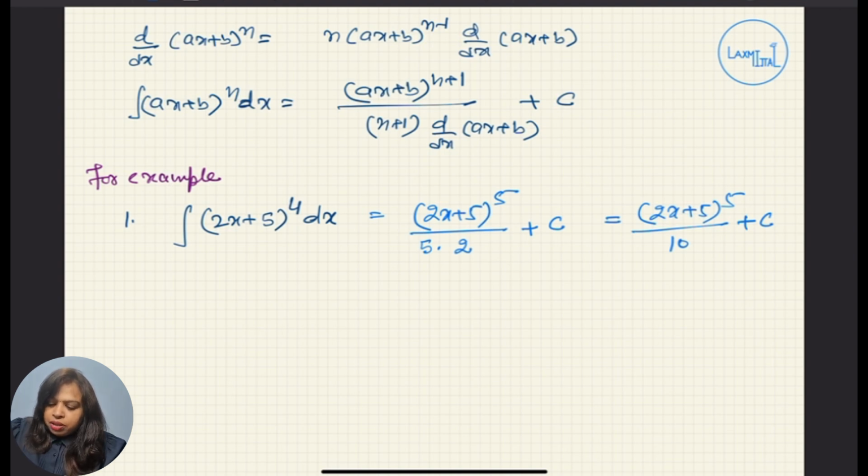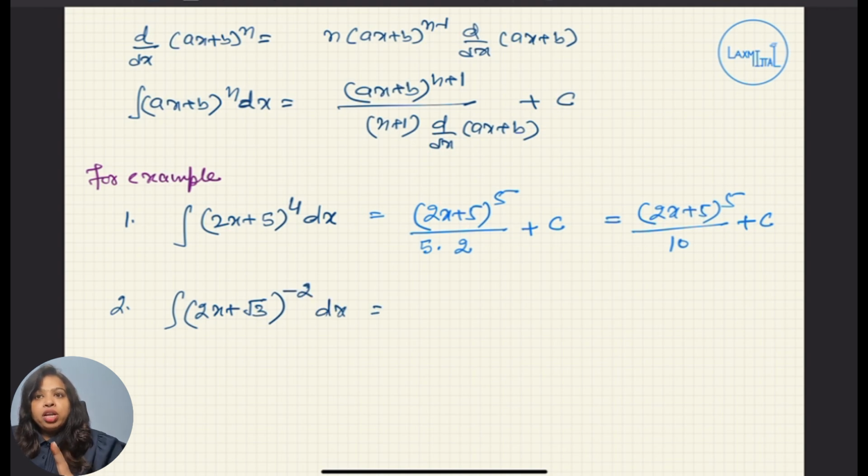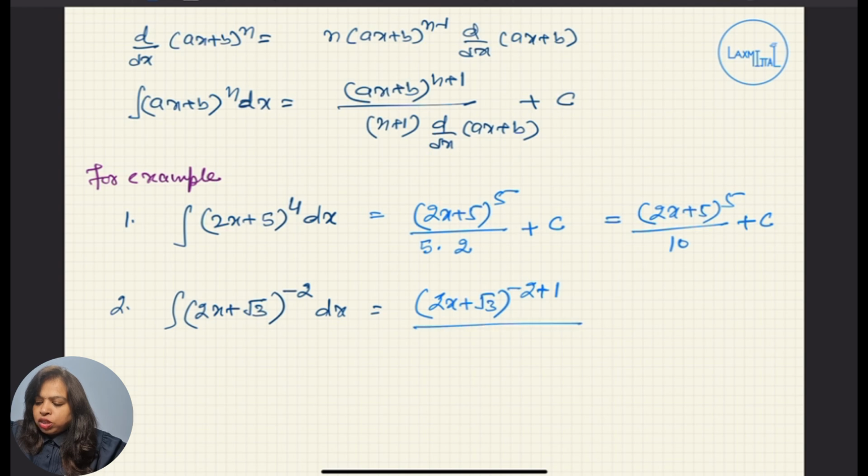Let us take one more example. If you are going to find the integration of 2x plus root 3, suppose, raised to the power minus 2 into dx. Minus 1, we cannot take as the power. Then integration will change. So what will be the integration? Here integration will be 2x plus root 3 raised to the power minus 2 plus 1 upon minus 2 plus 1. We divided by the increased power and into we will divide by the differentiation of 2x plus root 3, plus c.